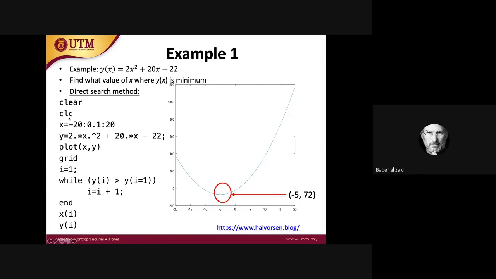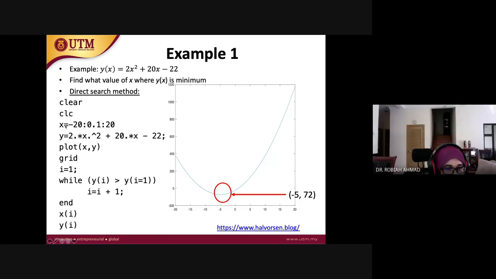So you have your x from minus 20 to 20, and the increment is 0.1. And then you put your equation, and you ask it to plot, basically just to get the idea of the graph. And then grid for decoration.